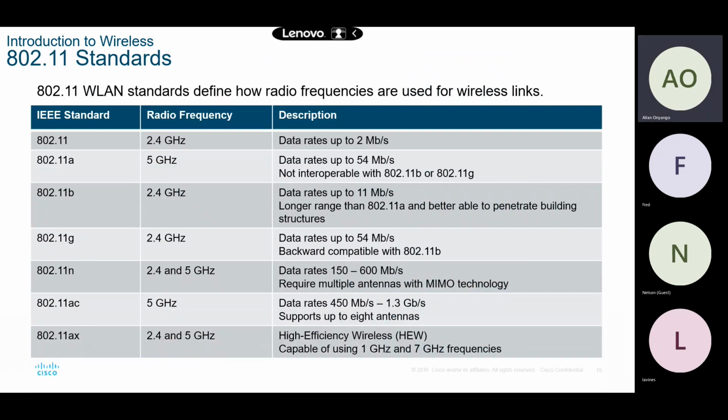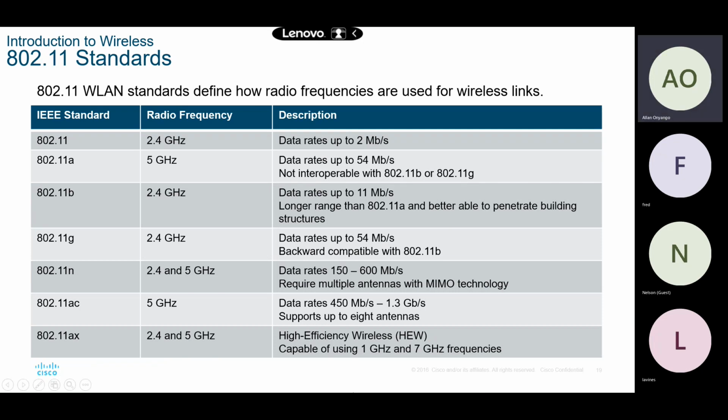Our study is going to pay more attention to Wi-Fi, which is the wireless LAN. And we first start by talking about the different standards. Since it is 802.11, we have different standards of 802.11 from IEEE. So we have 802.11 itself, which uses 2.4 gigahertz, with data rates of up to about 2 Mbps.